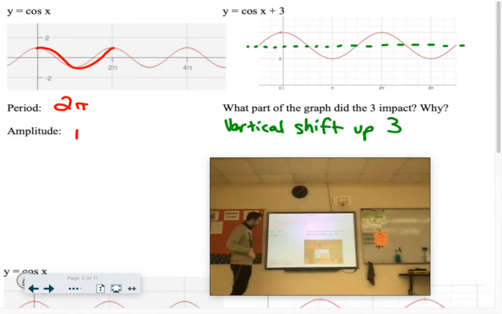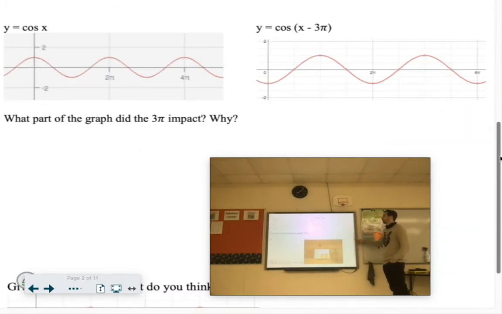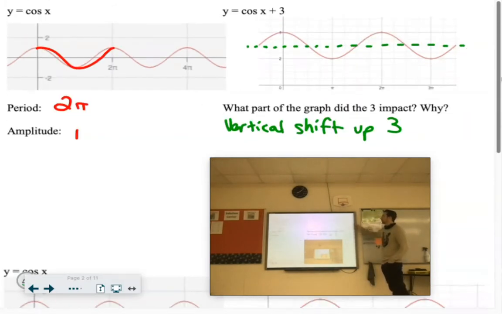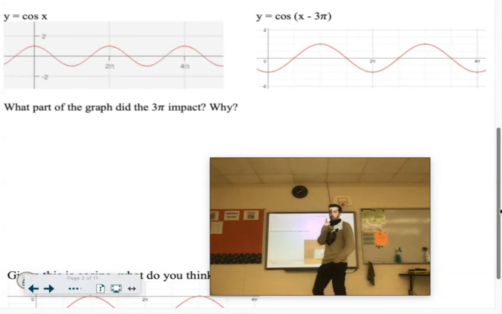Great. Oh, down here. Is it the same thing? Yeah. Cosine of x. Oh, okay, they're just shown for comparison here. So if you look here, it is grouped in with the x, which I remember from our quadratic graph shifts. When it's grouped with the x, that becomes a right and left translation.